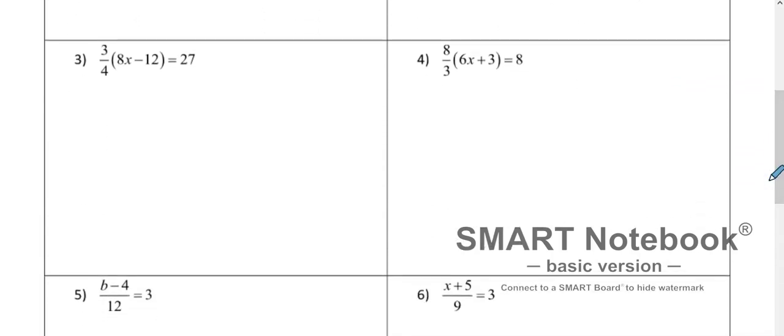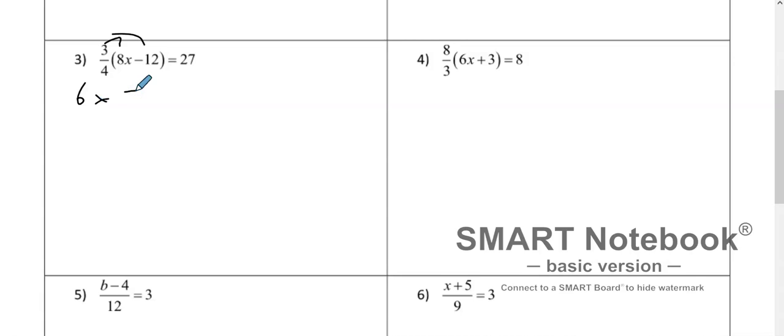Now, number 3, I'm going to show you 2 different ways to do this, whatever works best for you. One way is to distribute the fraction, okay? If you do that, 3 times 8 is 24, divided by 4 is 6, so 6x.